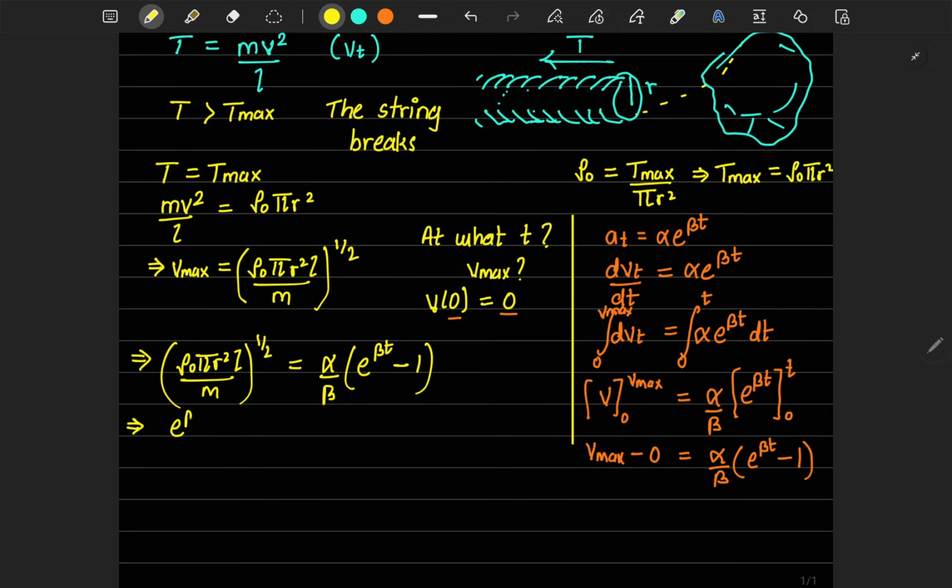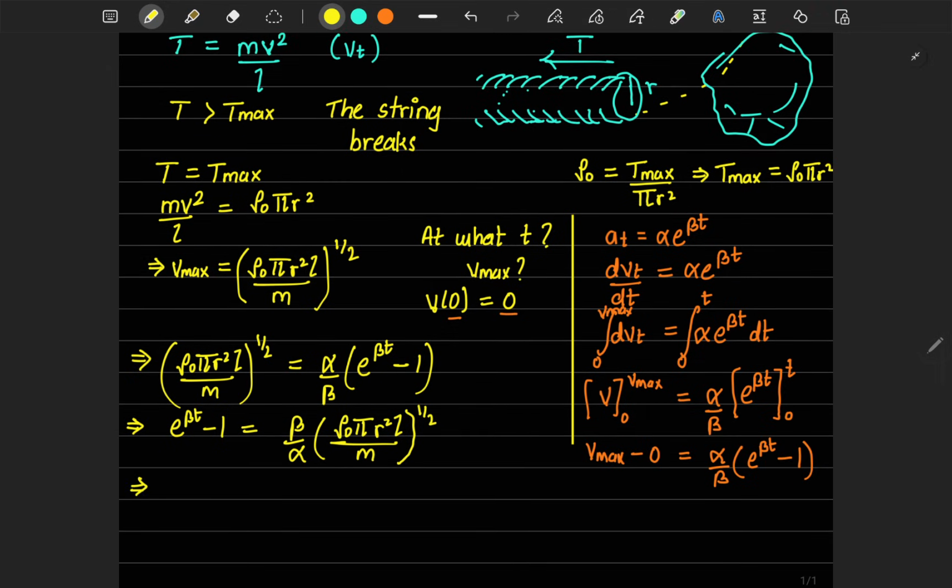So our e to the power beta t minus 1 will be beta by alpha into rho naught pi r square L by m to the power half.